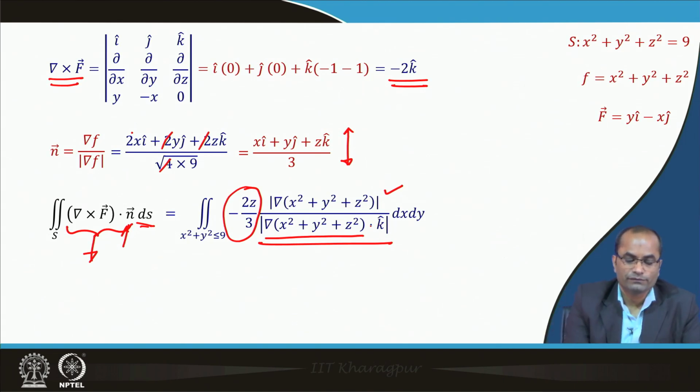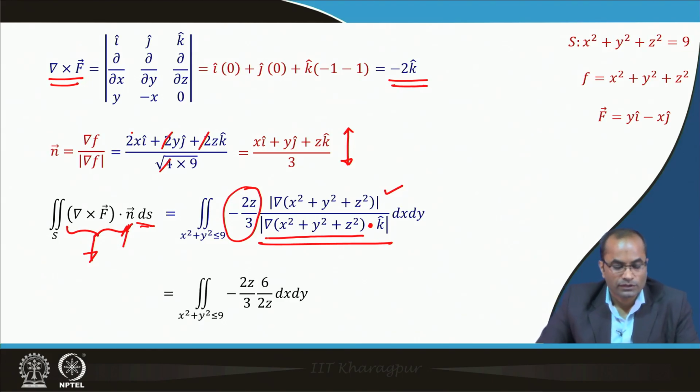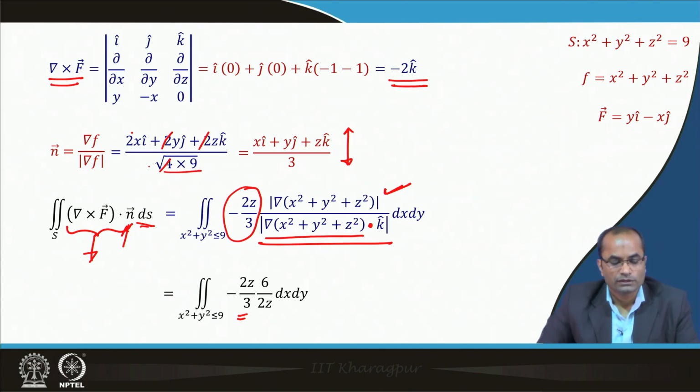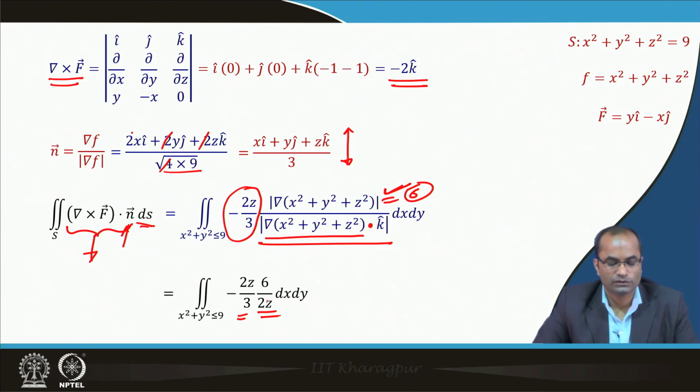So, we have projected on this xy plane, therefore, we have to also multiply this dot product with the vector p, which is k here, and now we can simplify this. So, this is minus 2z by 3, and then this we need to compute, this will come as 4 into 9. So, 36, and then as a result this will be just 6 there, and here with this dot product, this will be coming as 2z, the absolute value, because z is positive. So, we have written just 2z there.